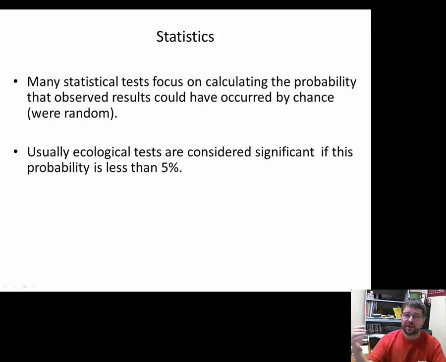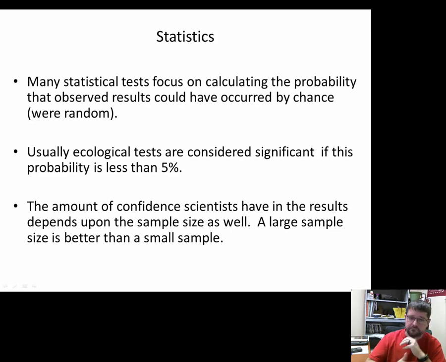And so again, statistics, at least this premise of statistics, is just based on probability of error. And other things that can affect your confidence, or affect how you calculate your probability, is based mainly on sample size.